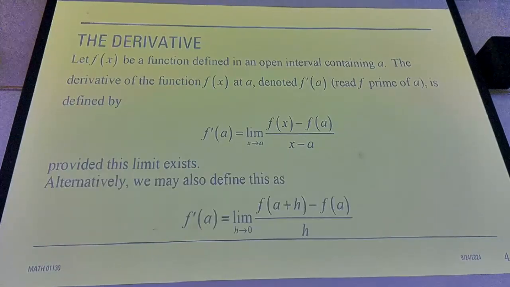Or the limit as h approaches 0 of f of a plus h minus f of a all over h. Again, depending on the text, you may see delta x used instead of h. It's the same thing, it's just representing an incremental change. And that's all the derivative is.